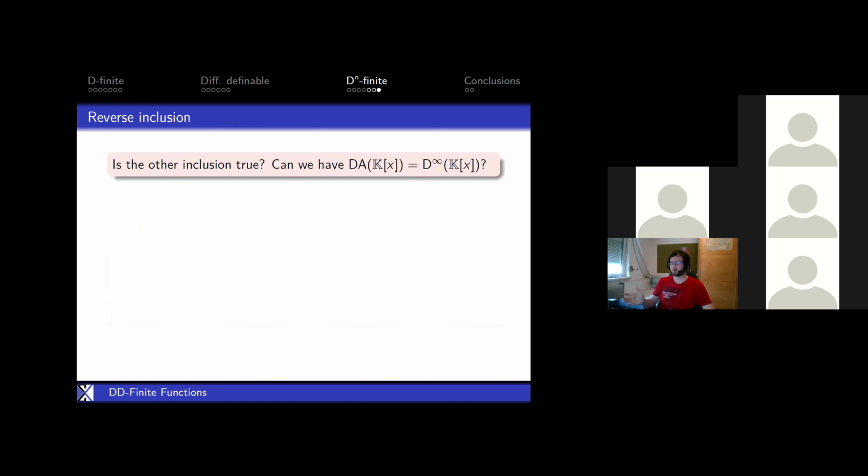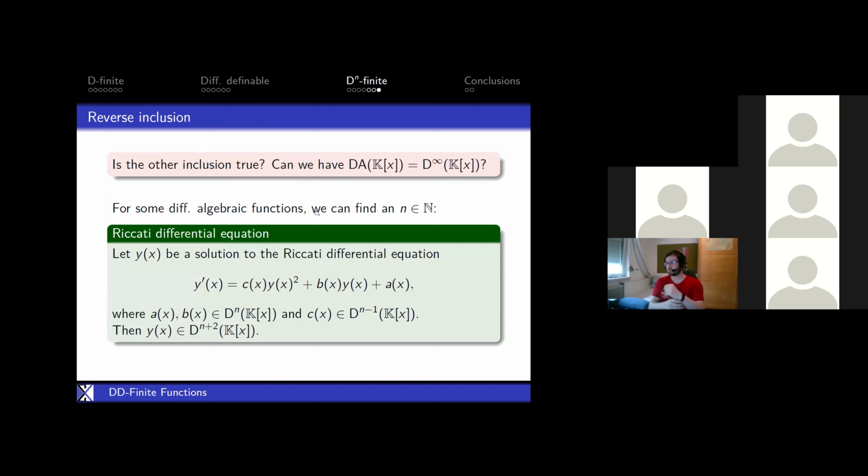As I was proposing before, is the inclusion true? We have that the D-infinity set, so the union of all this chain, is included in differential algebraic functions. Is the other way around true? Well, for some examples, we start looking at them, and it's true you can find an n where everything works.